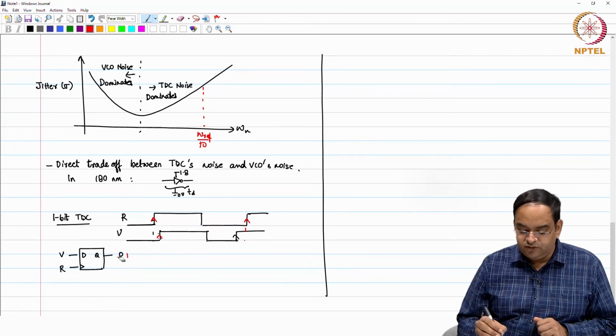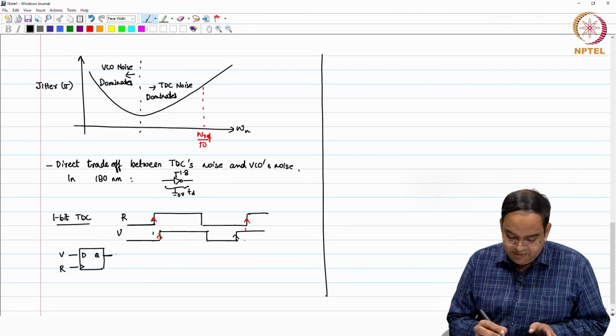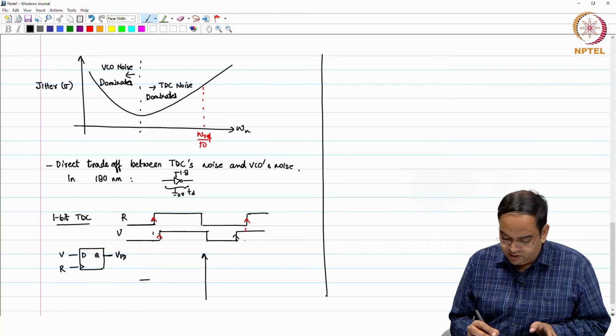In this way, if I plot my PD output, I call this VPD, depending on the phase error which you have.